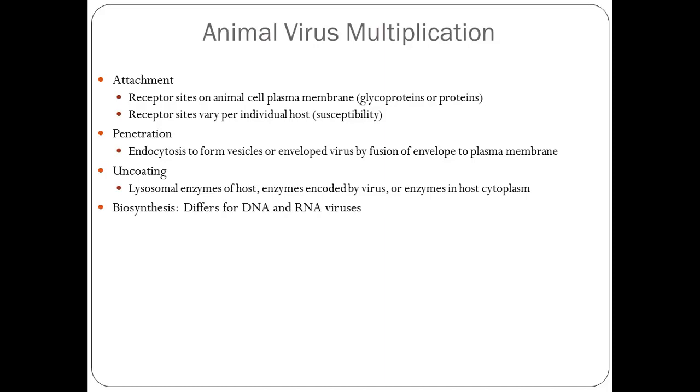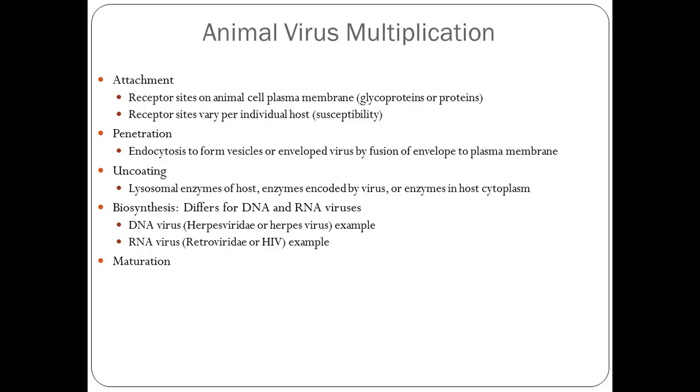From there we enter biosynthesis, and it differs for DNA and RNA viruses. Of course, biosynthesis is the production of nucleic acid and proteins. We are going to take a look at an example of biosynthesis for a DNA virus and an RNA virus. And the examples we're going to look at are herpesviridae, or herpes virus, and retroviridae, or HIV.